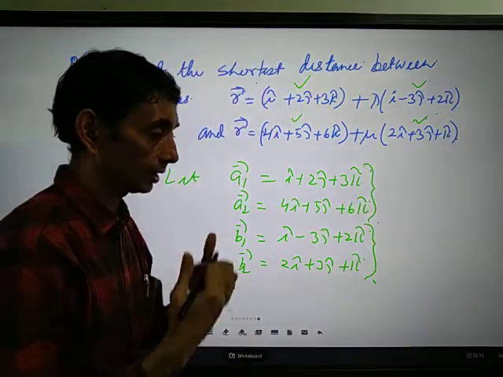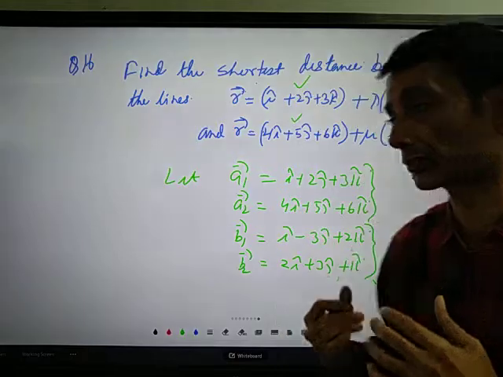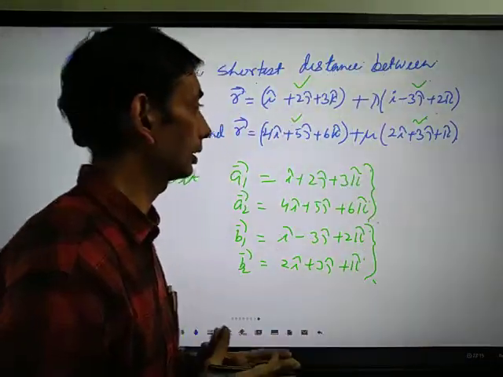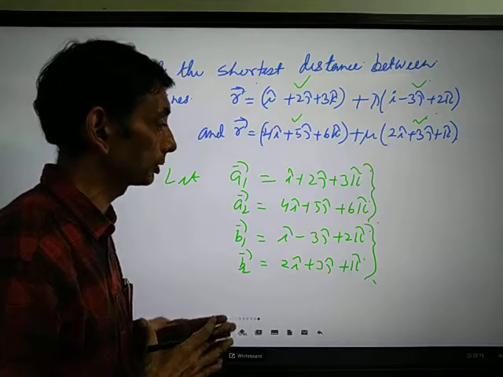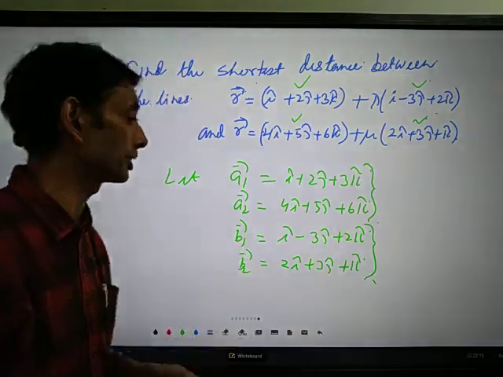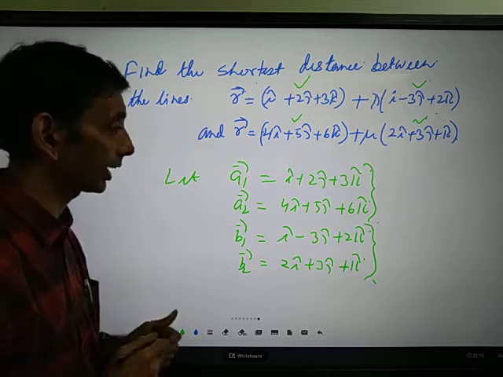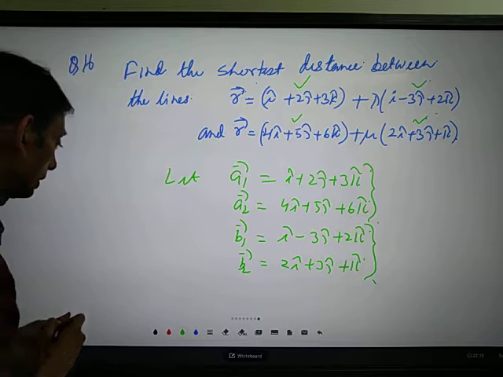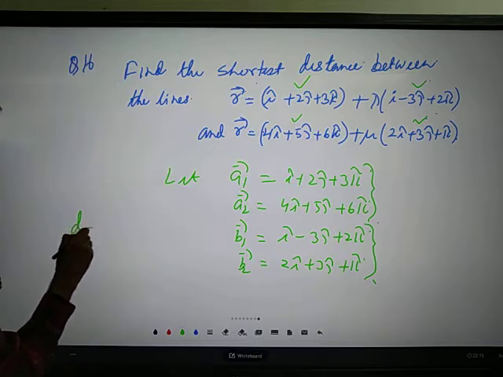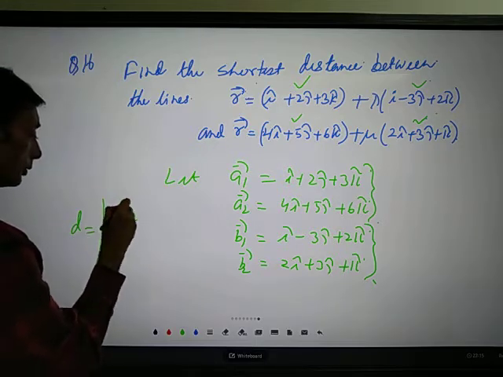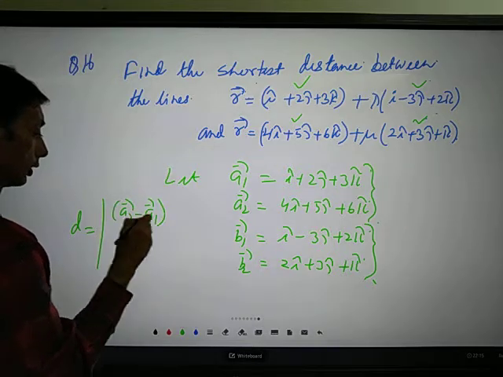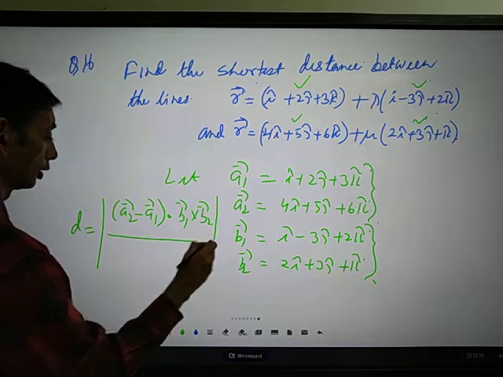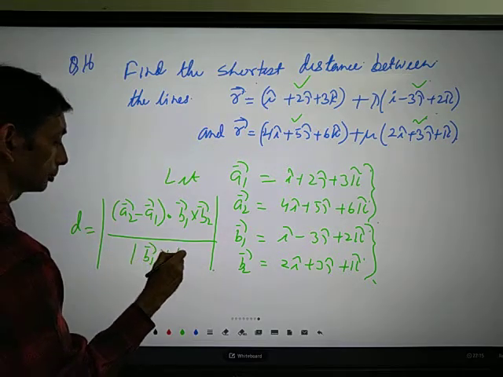Let me first write the formula to find the shortest distance between two lines, which we have done in the previous video. What is the formula to find the shortest distance between two skew lines? It is given by d equal to (a2 minus a1) dot (b1 cross b2) by mod of b1 cross b2.